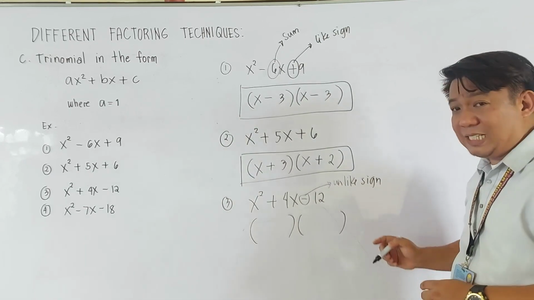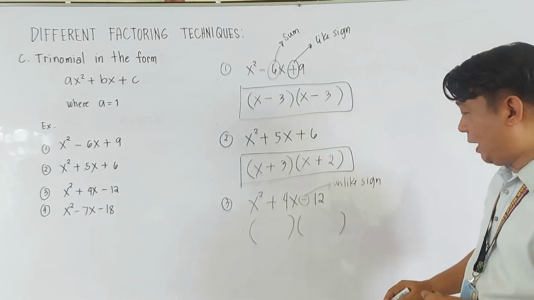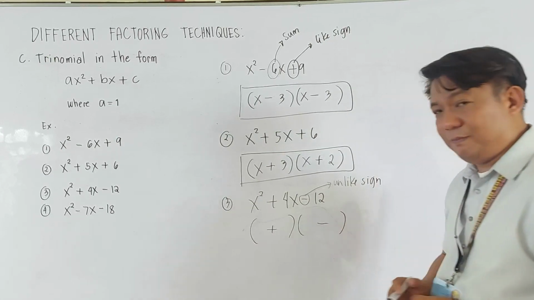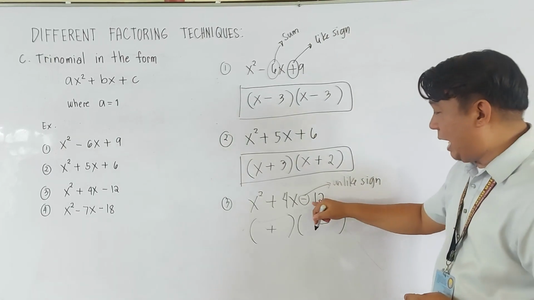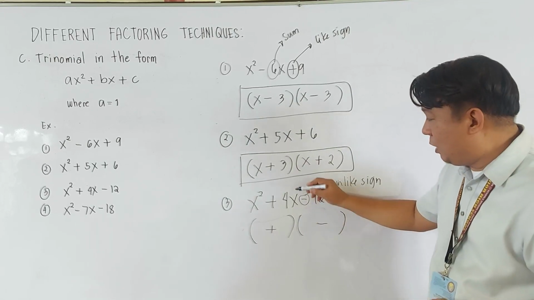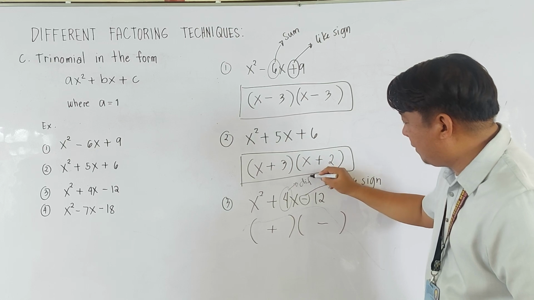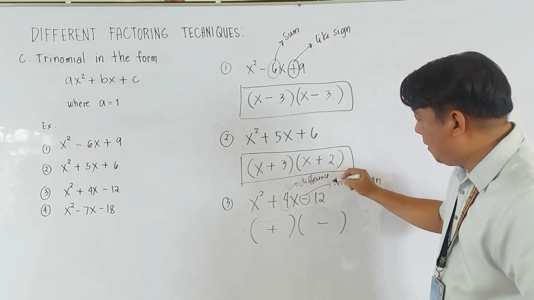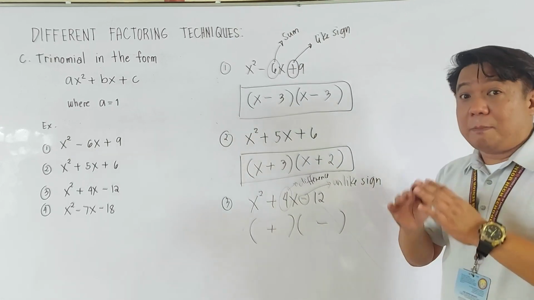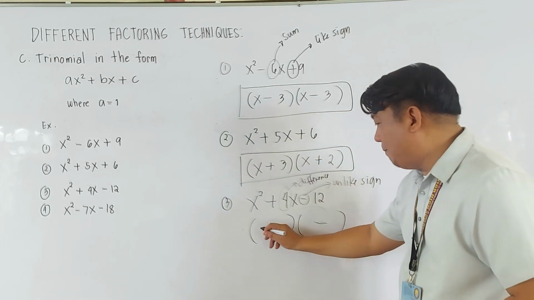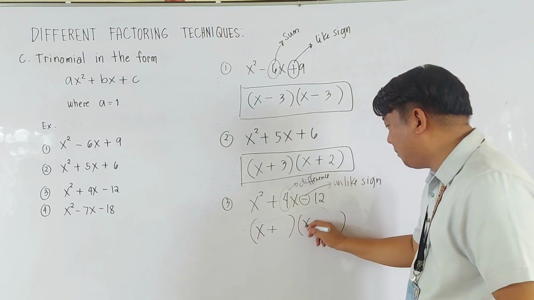And when we say unlike sign, magkaiba. Okay? So, lagyan na natin ng magkaibang sign. Isang positive, isang negative. Okay. Tapos, kung negative ang sign ng last term, yung number na to ay difference. Pag sinabing difference, pinag-minus. Okay. So, i-factors na muna natin ang x squared, that is x and x.